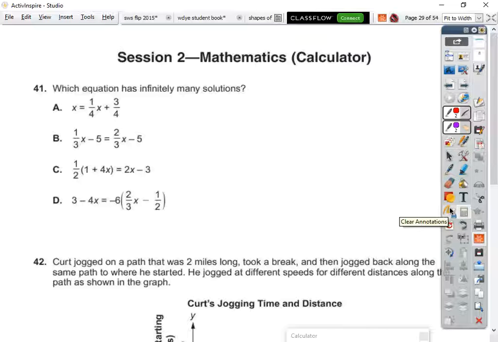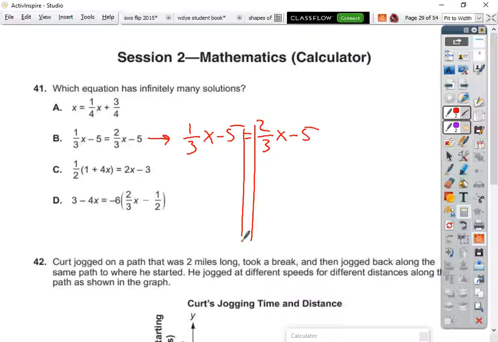Let's look at the second one. So let's rewrite the problem. All right. So subtract 1/3 x minus 1/3 x. We get 1/3 x minus 5 plus 5 plus 5.